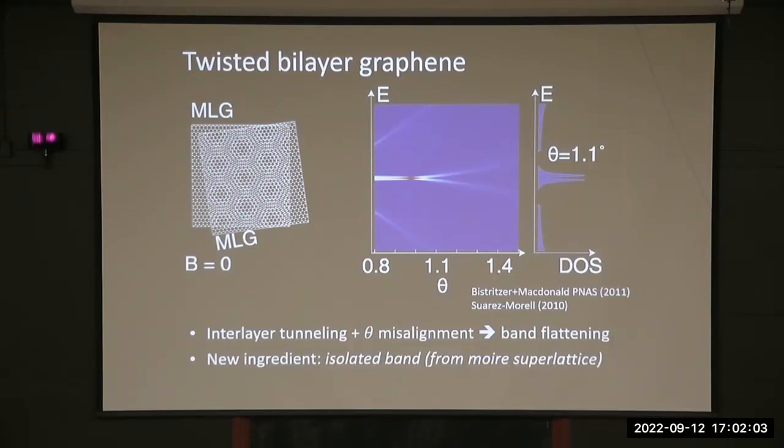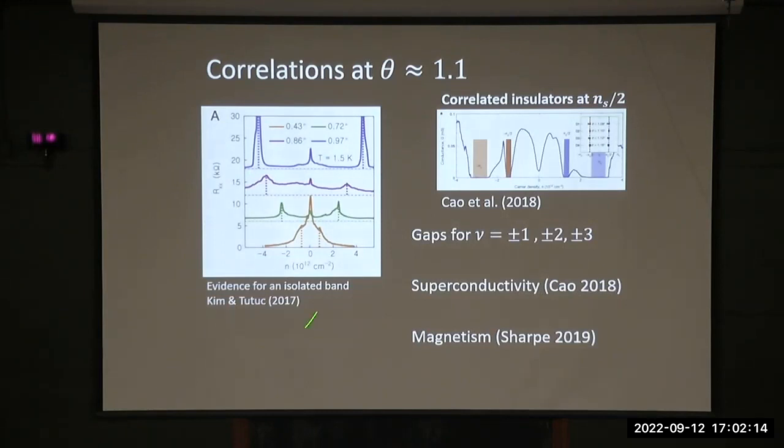But the physics is basically similar otherwise, in that you have large density of states, and as a result, you have all of these correlation effects that can break the symmetry. So you can make this flat band when you get close to 1.1 degrees, and then you see correlated insulators again at fractional filling of that band, superconductivity, and also magnetism, just like in the systems that I showed you.